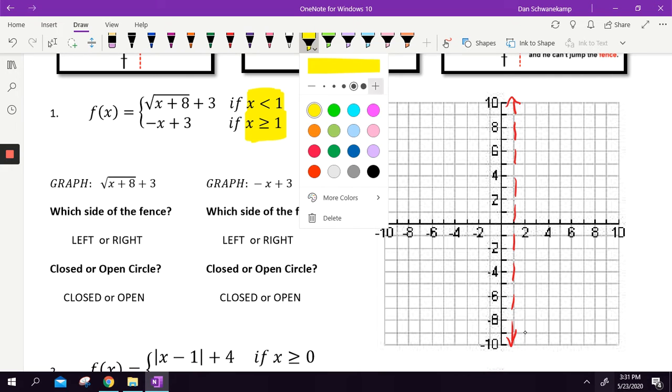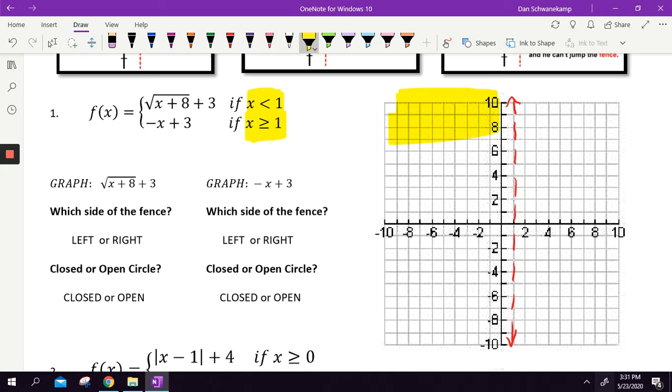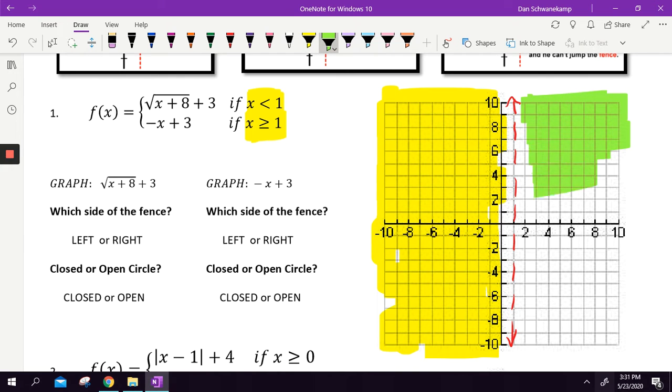I'm going to graph one piece on this side, and I've got another side over here. That break line separates the two things from each other. The key is which side each one goes on.